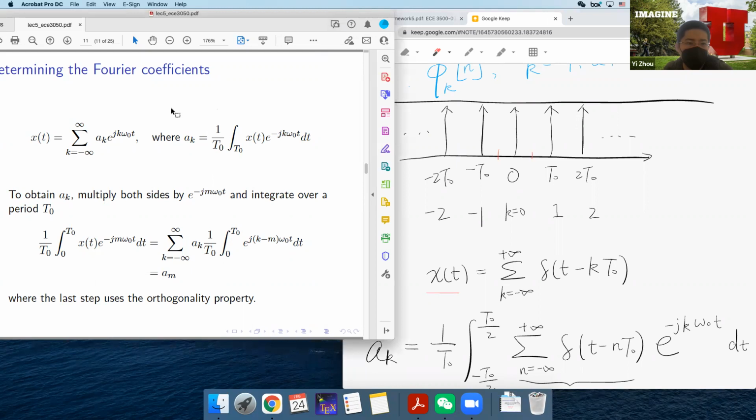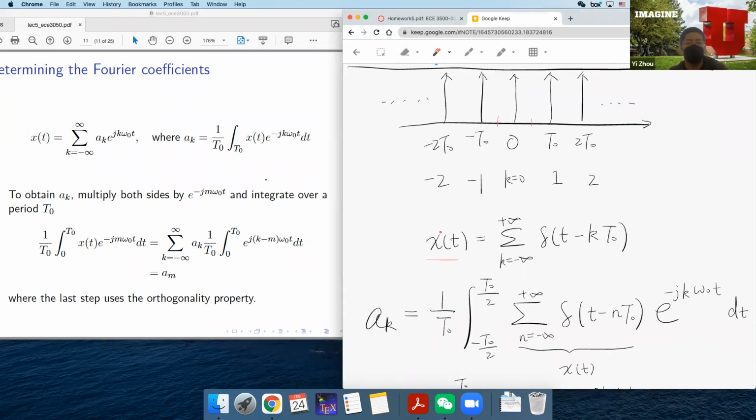To answer your second question, for this formula for calculating the spectrum, we need to integrate over any one period. We have considered two cases. The first case is to consider the period from negative T over 2 to T over 2. Because the fundamental period is T naught, any interval that spans a length of T naught would be a period.